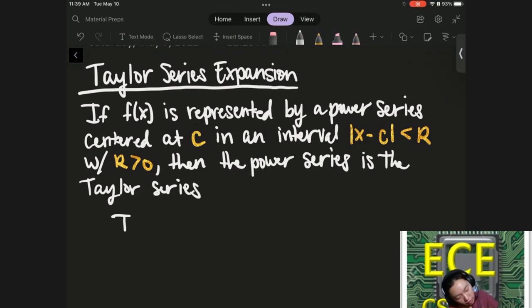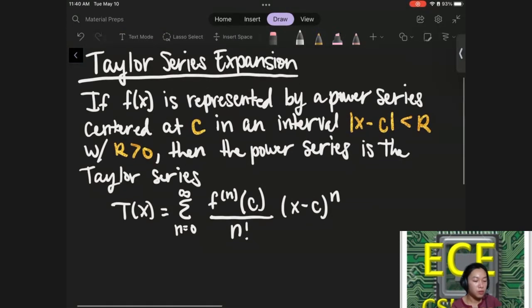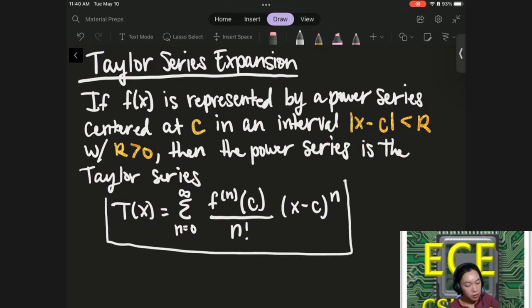And that is T of x equals the sum of n equals 0 to infinity of f^(n)(c) over n factorial times (x minus c) to the nth power. Okay, and so this is your key formula for the Taylor series.